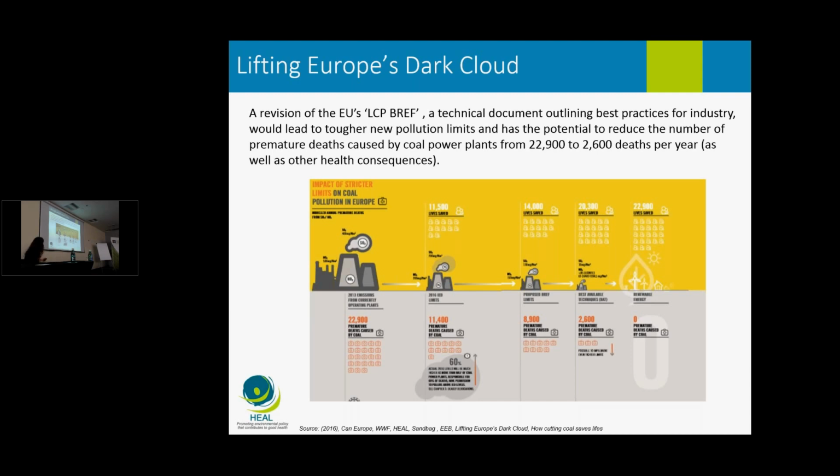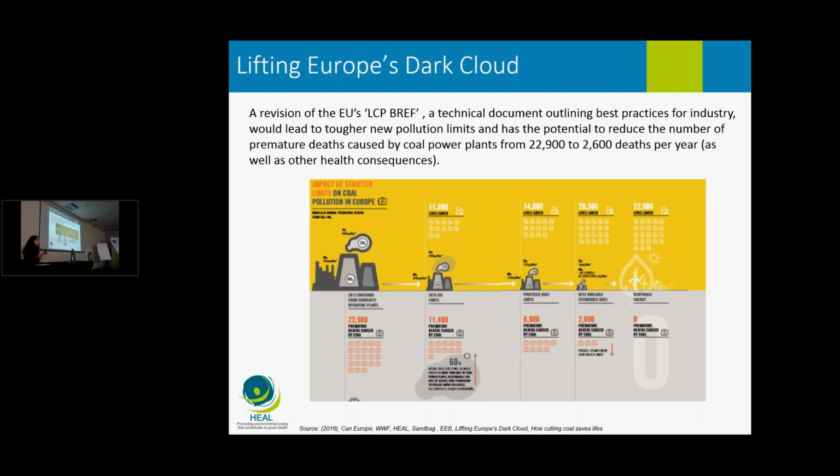These are BREF limits, so you can see that from 23,000 through more than 11,000 premature deaths if the IED limits were introduced, to almost 9,000 with the BREF limits, and more than 2,500 with the BAT, and to renewables, which is 0, so saving 23,000 lives.